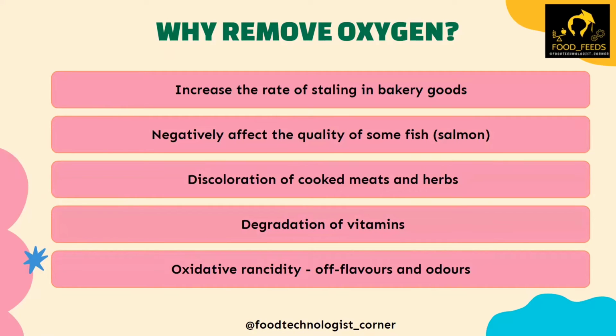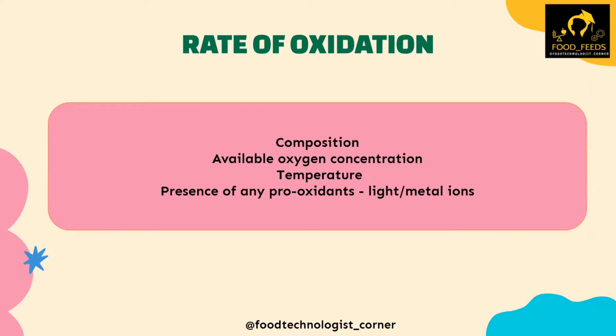Anything which contains more fat and is exposed to oxygen will have oxidative rancidity as an obvious deterioration factor. The rate of oxidation is influenced by the composition of the food, the available oxygen concentration that is inherent or how much is available, the external oxygen level, temperature, and the presence of any pro-oxidants, like light and metal ions, which speed up these oxidation reactions.